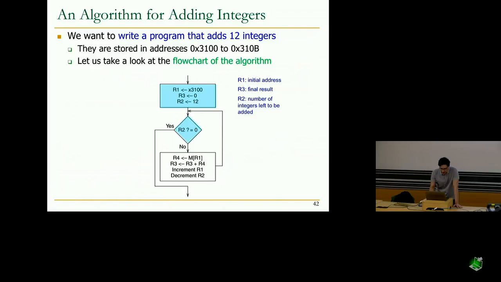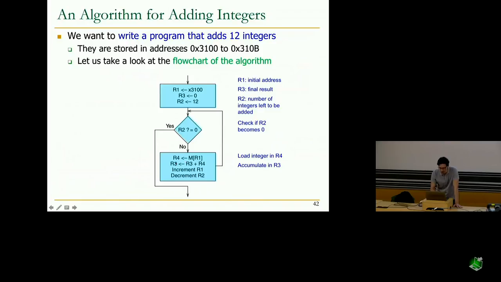So here we have a test condition. We check if we reached the end. So we check if R2 is already equal to 0. If it's 0, then we are done. If it's not, we go to this construct that we have here, where we first load an integer into R4. This is one of the integers that we are reading and accumulating.